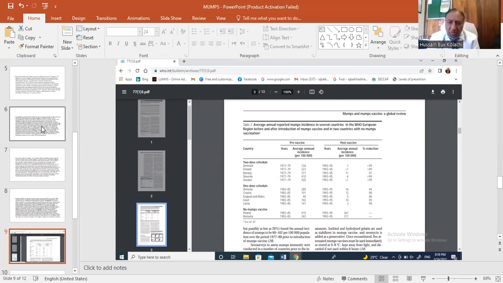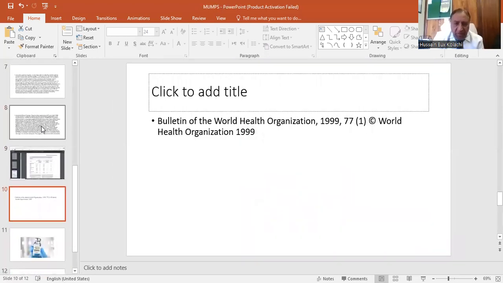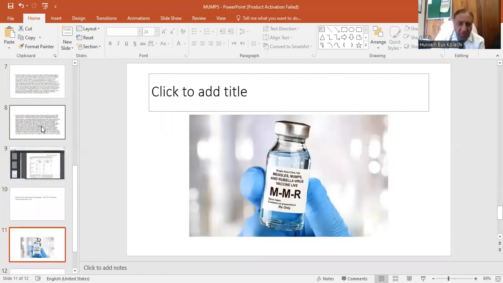Where two doses were used, the top countries in the slide, about 10 to 12 Western countries, have almost controlled and eradicated mumps from their country due to vaccination. This picture was taken from the Bulletin of the World Health Organization 99, and we will give you this reference in the description also.